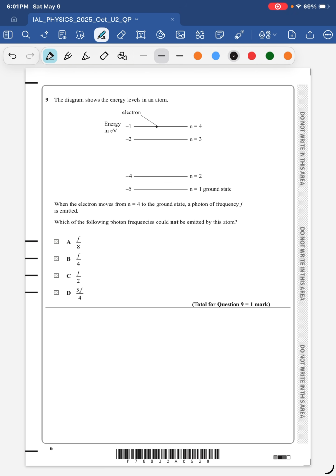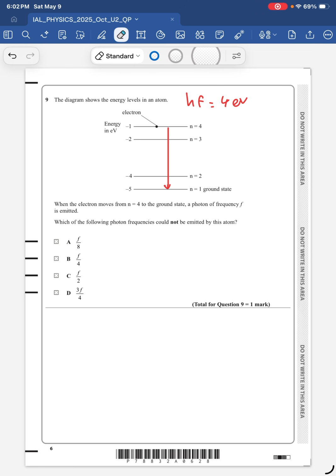Anyway, when the electron moves from n equals 4 to the ground state, a photon of frequency f is emitted. So we have this jump. So h times this frequency is going to be 4 electron volts, because you go from -1 to -5, so the difference is 4 electron volts.